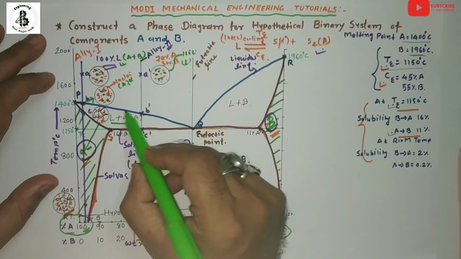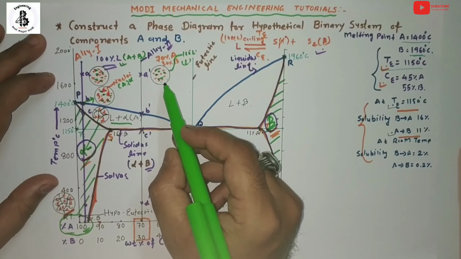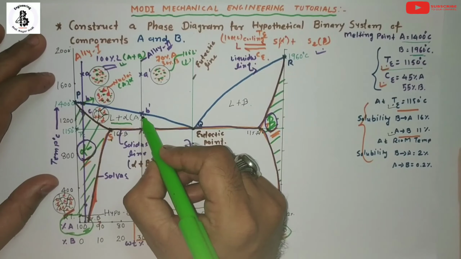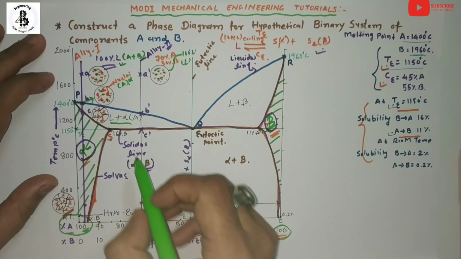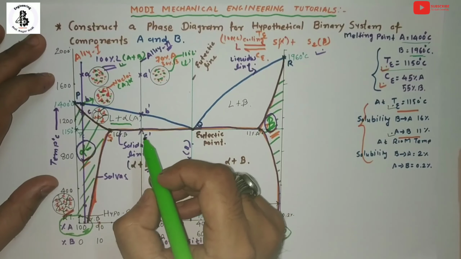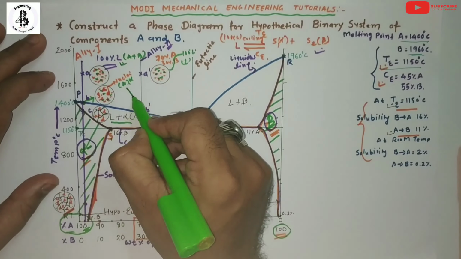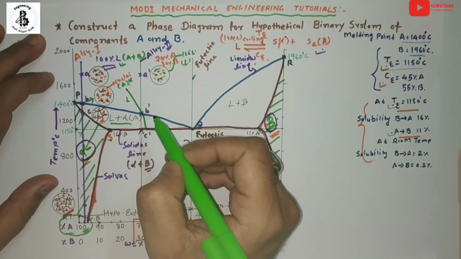According to the phase diagram, this liquid phase of A and B will be transferring into the solid. So this is a region of eutectic binary alloy. It always forms liquid plus solids. If you want to make a cooling curve, just you can see, above the liquidus line it forms a liquid.